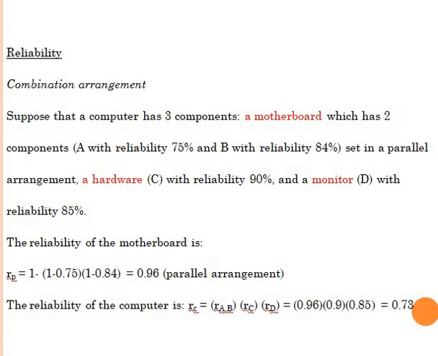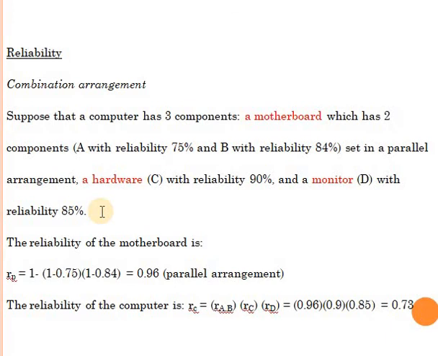Suppose here that the computer has three components: the motherboard, which has two components, A with 75% and B with 84%, set in a parallel arrangement, and we have the hardware C, which has a reliability of 90%, and the monitor D with a reliability of 85%. This is a combination arrangement. I want to see what the reliability of the overall computer will be.